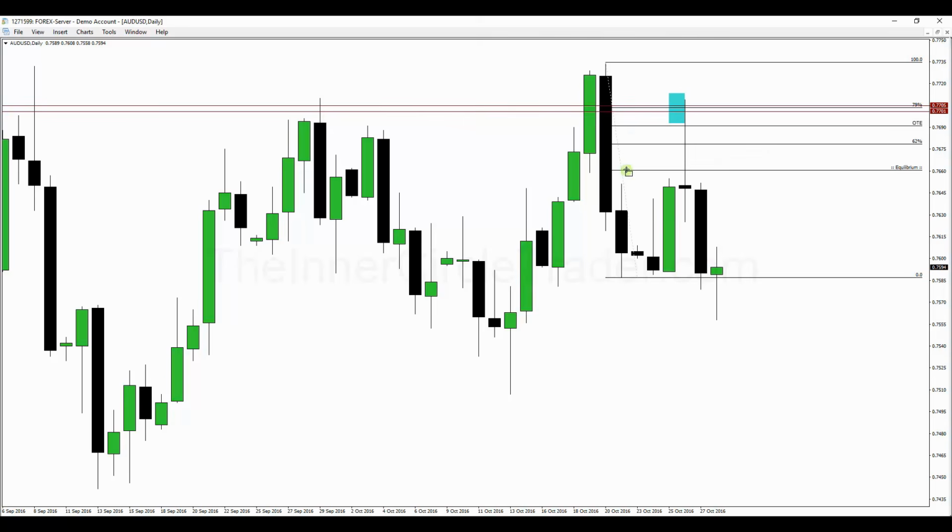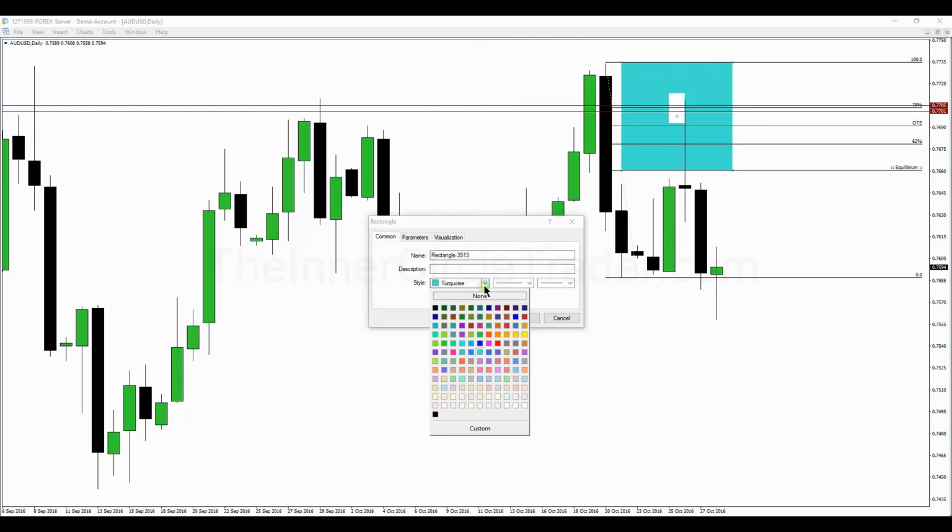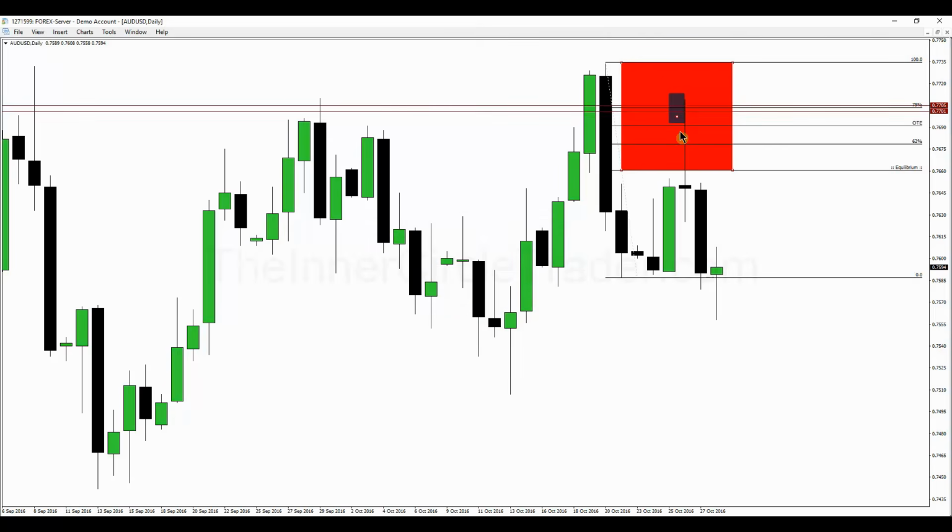And what that means is that we are in an area of premium. So all through here, the market is in a premium market relative to the range.